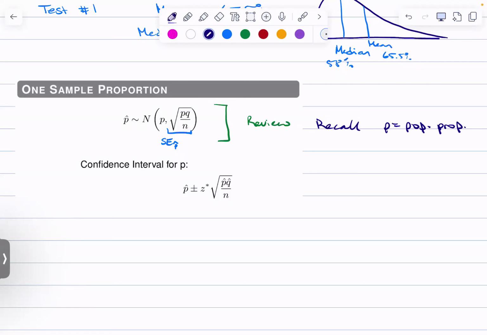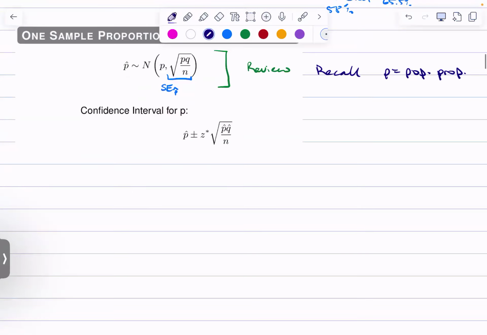And so really our goal in this chapter and in the following chapters is going to be to figure out what P is, right? And so one of the ways that we can do that, but we don't know P, right? We're trying to learn about P.